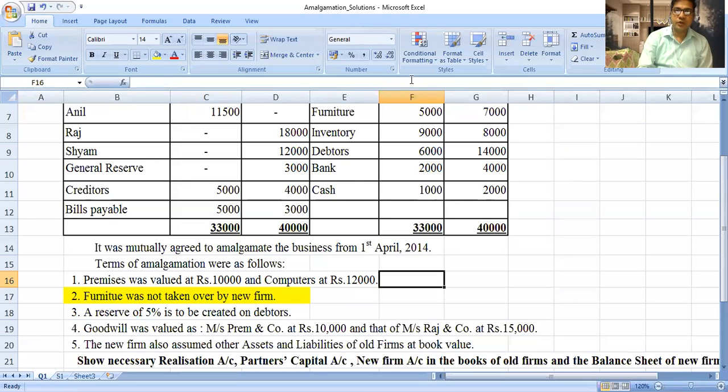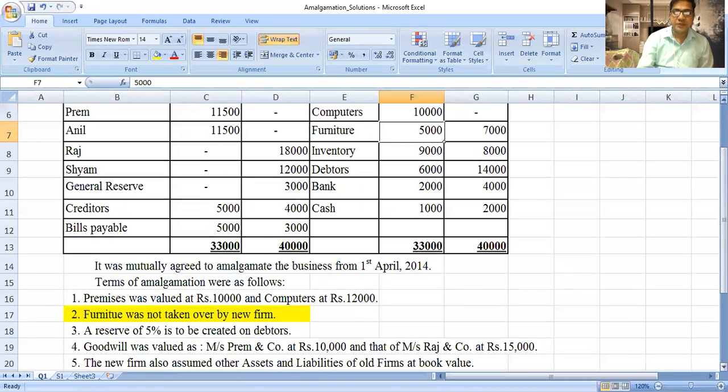Now, this kind of information is not there, whether it is sold or taken over by the old partners. So what do we have to do? We have to assume that such furniture, which is not taken over by the new firm, is taken over by the old partners. Now, the furniture value is 5,000 in Prem and Company.